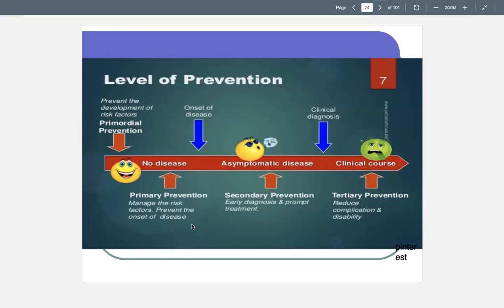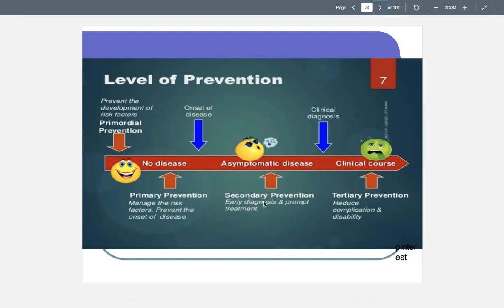And then in the onset of the disease, kung hindi na manage yung risk factors na expose to that pathogens class, antayin yung incubation period, tapos once na in the onset of the disease or the incubation period, so asymptomatic disease or walang signs and symptoms.